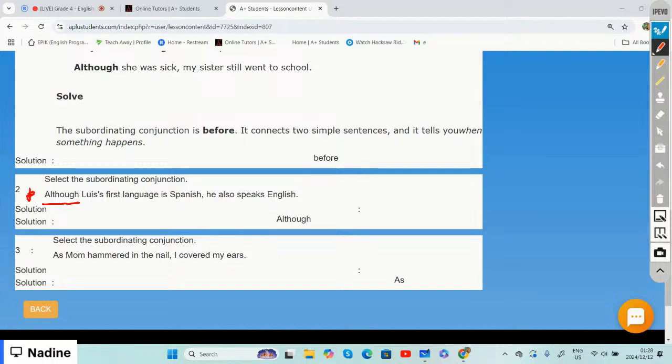And then the last one says, as Mom hammered in the nail, I covered my ears. So as Mom hammered in the nail, I covered my ears.